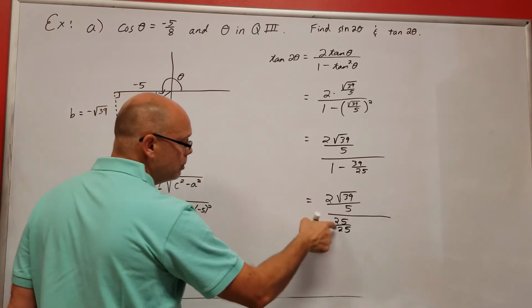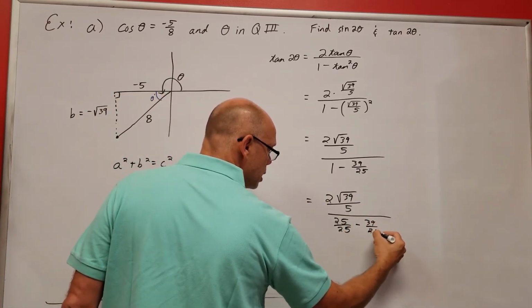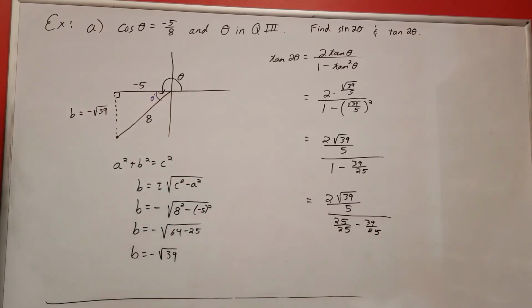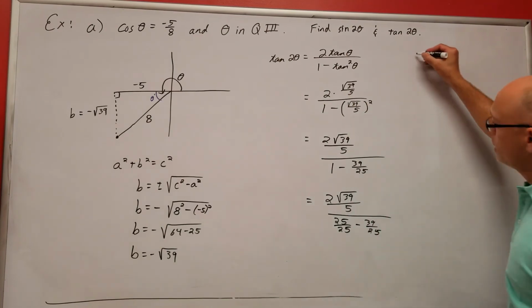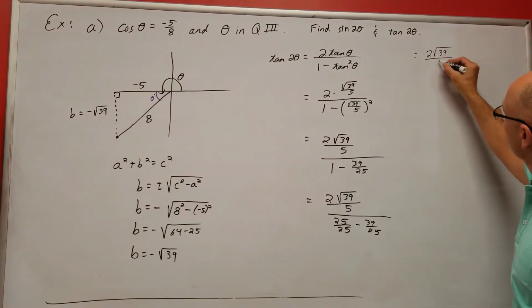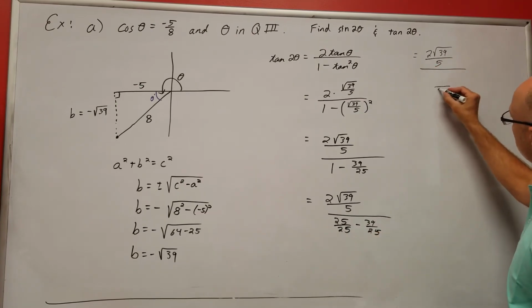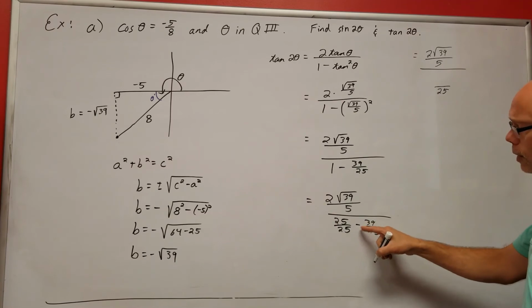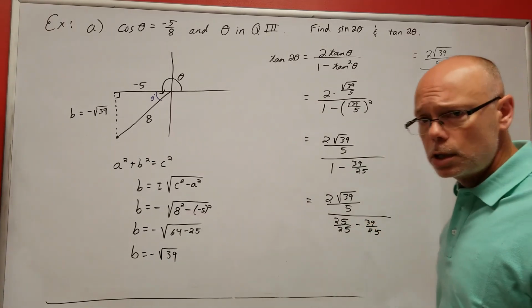Isn't 25 divided by 25 equal to 1? Minus 39 over 25, just coming up with a common denominator here. So what does this give me? This gives me 2 square roots of 39 over 5, all over a denominator of 25, and what's 25 minus 39? That'll be a negative 14.